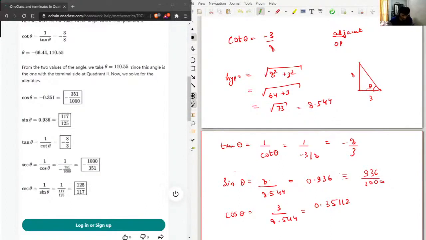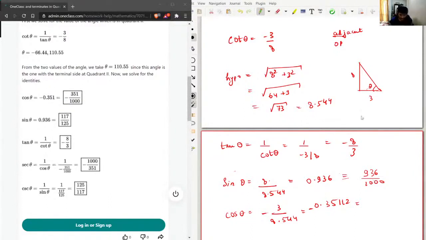Yeah, okay, so we need to put the negative sign. For sine it will be positive, tangent is negative, and cosine will be negative. So this is going to be positive, and 0.936 is 117 over 125.